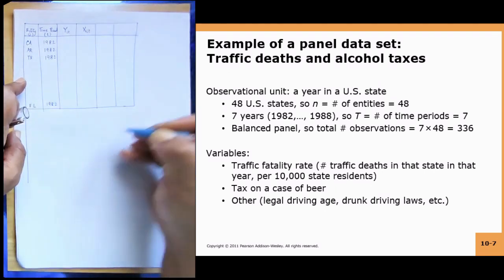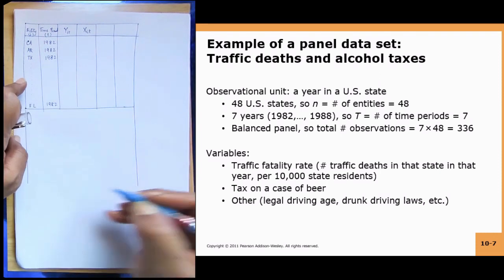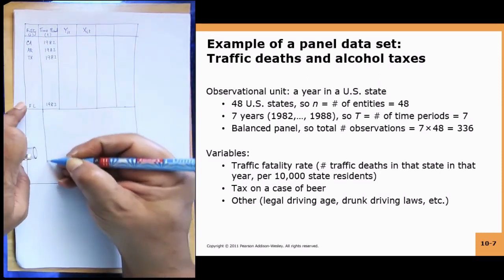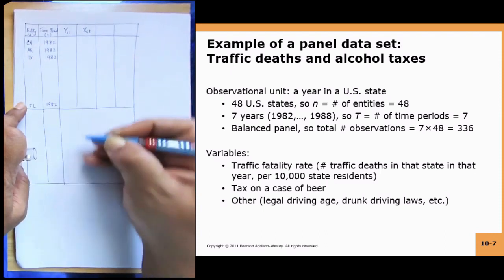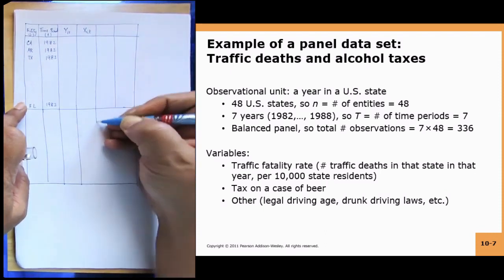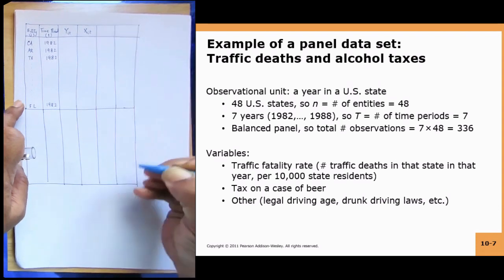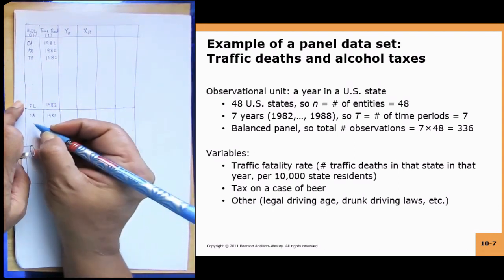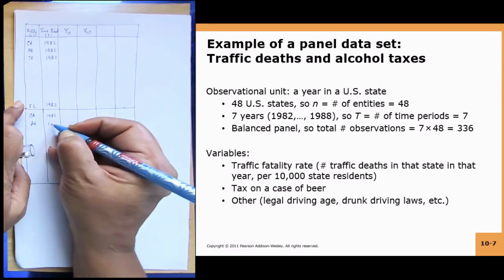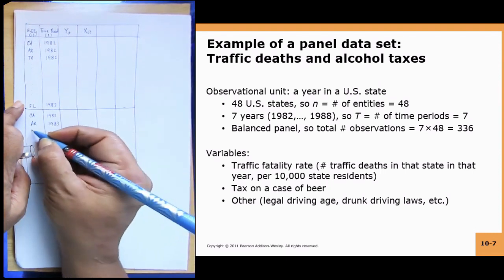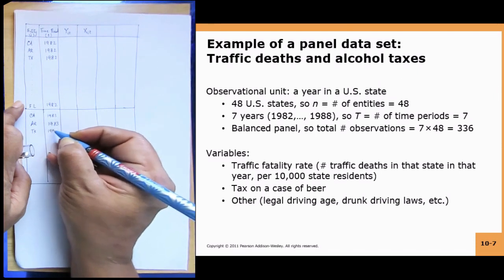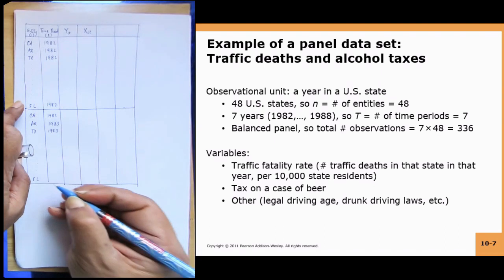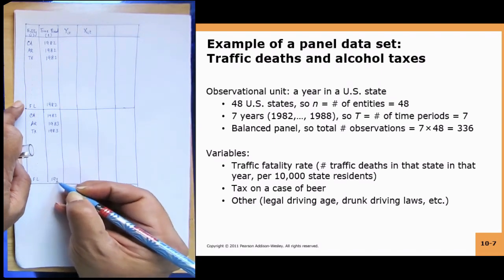Suppose you also have data for each of these states for another year, that is 1983. So this is two time periods. For each of the states you have data for 1983: you have data for Arizona for 1983, data for Texas for 1983, and so on until you have data for Florida for 1983.